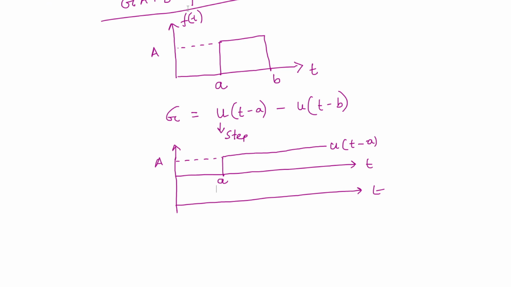Now let us say we have another step function which is starting from t equal to b, and it is again maintaining that magnitude A. So now if you subtract these two, it is u(t minus a) minus u(t minus b).